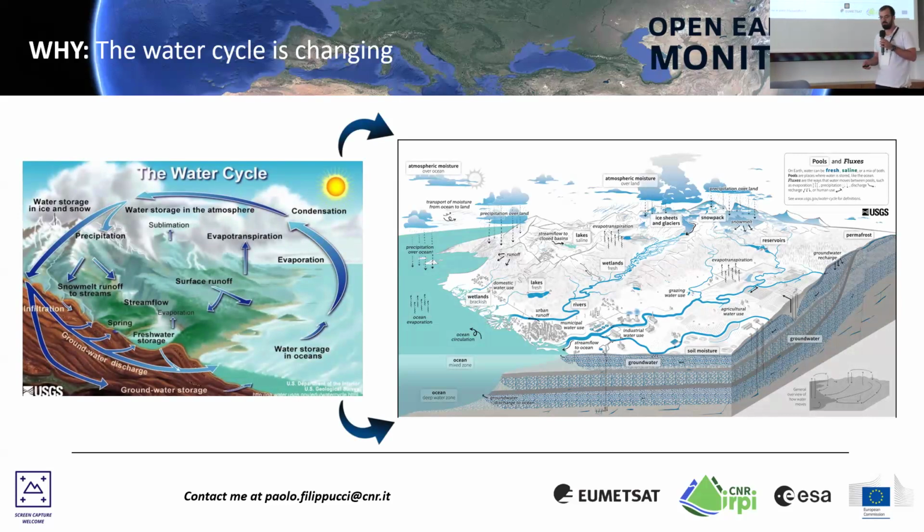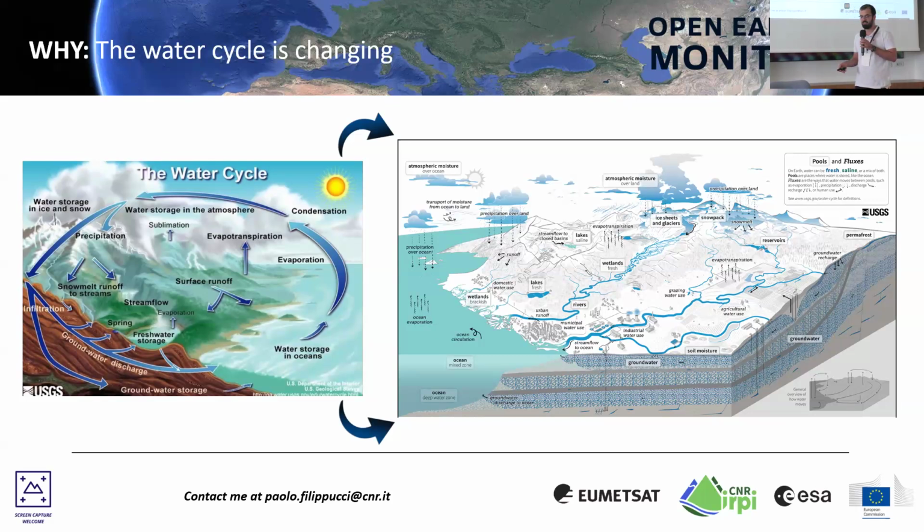So now we have a new challenge for our models and modelers to model the anthropic intervention on the water cycle. And to do so, one of the most important parts is the input data.